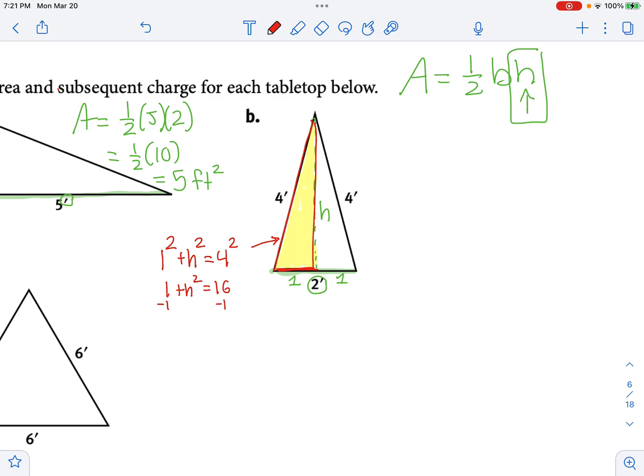If I subtract 1, H squared equals 15, which means H is square root of 15. For the majority of this, we're going to try to keep exact answers. So for most of these problems, I'm going to say just leave it as a square root if you do not get a perfect square. Now I know that my height is square root of 15.